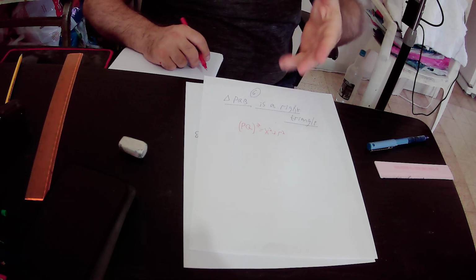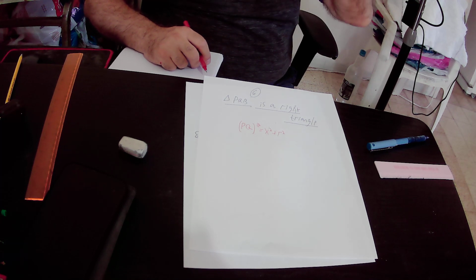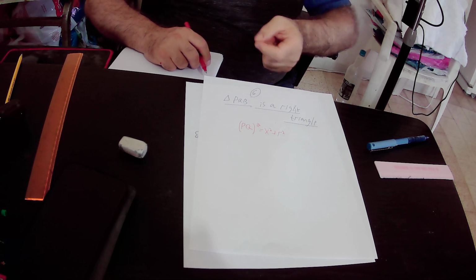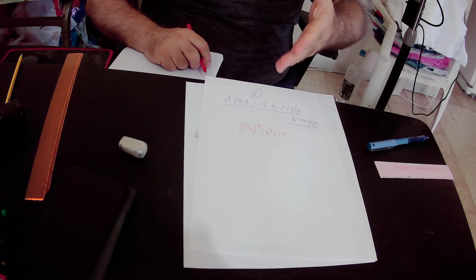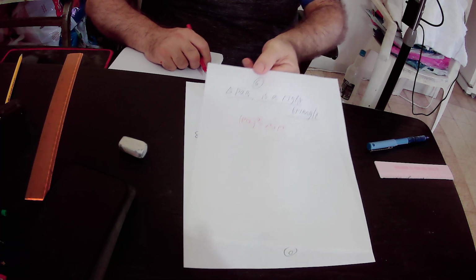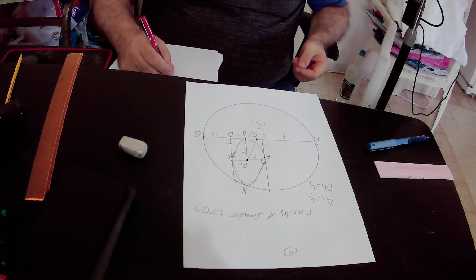We have already found that PQ equals 6.5 units and x equals 2.5 units. Okay, and the only missing variable is r.